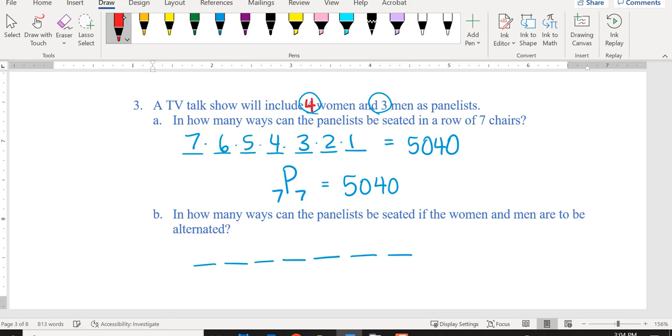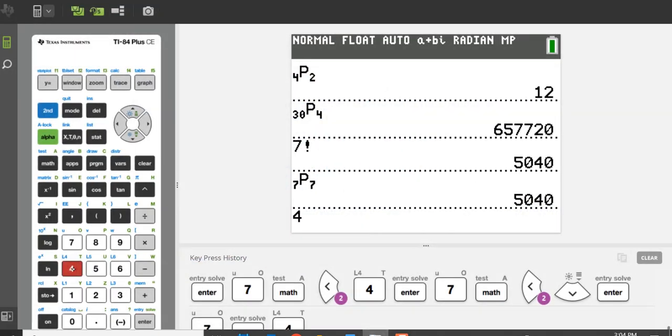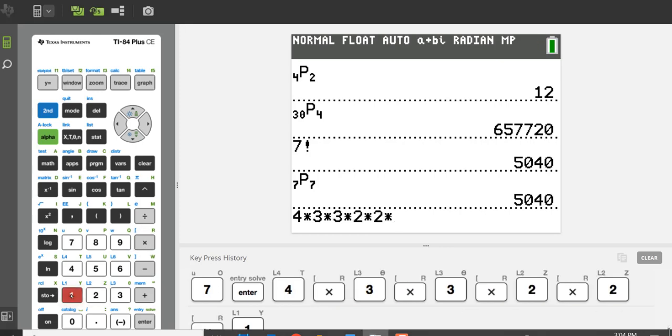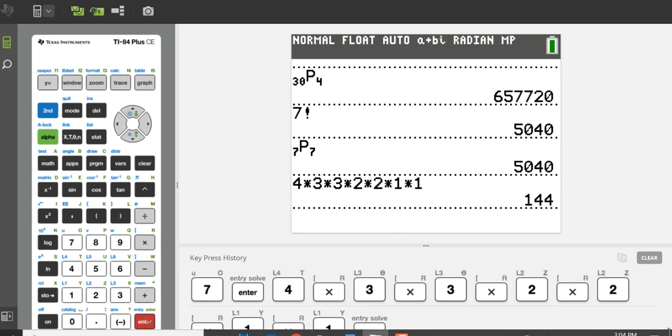We have 4 to pick from. So we're going to do 4, 3, 2, 1 women to choose from. And for the men, we have 3, so we can choose 3, 2, 1. Now, if we do that on our calculator, 4 times 3 times 3 times 2 times 2 times 1 times 1, we get 144.